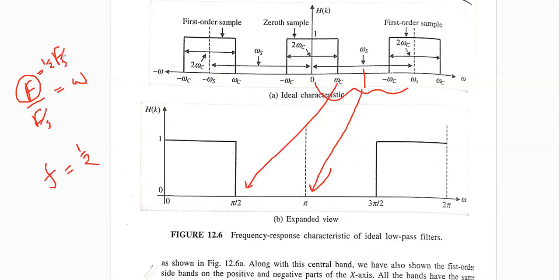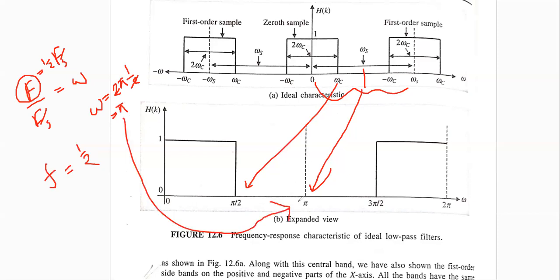Okay. So in that case, the value of small f is equal to this. So omega equals to what? Omega is equal to twice pi small f. What is small f? It is half. So that means omega is equal to pi at that location.